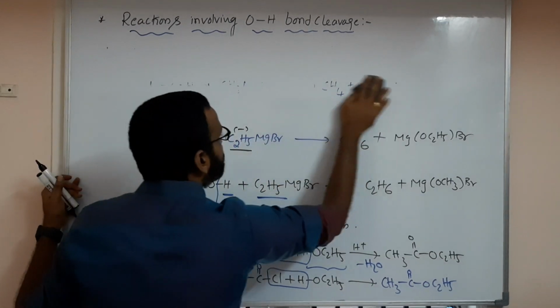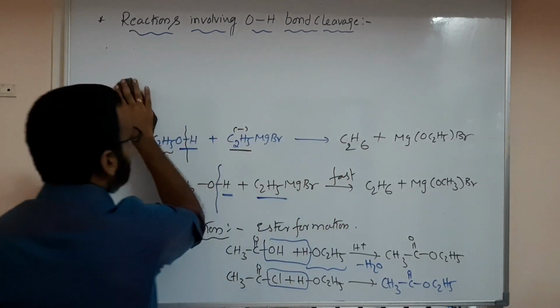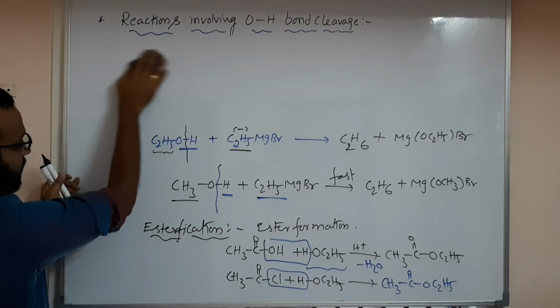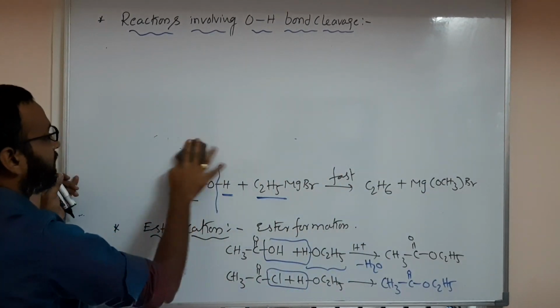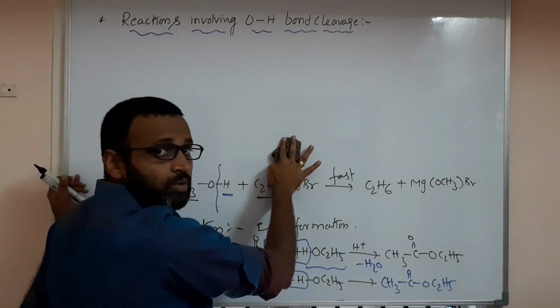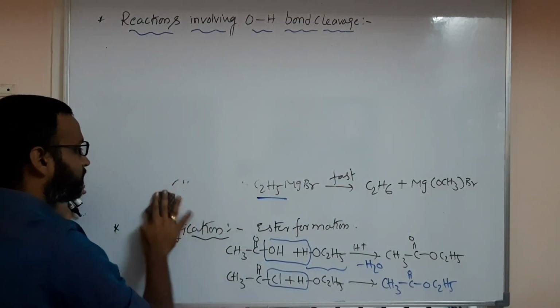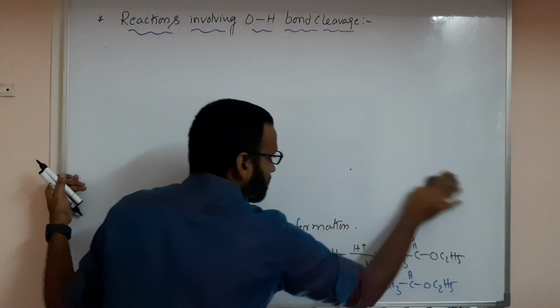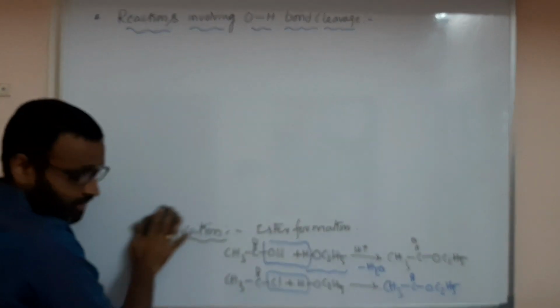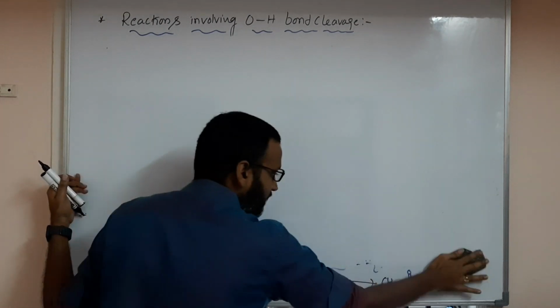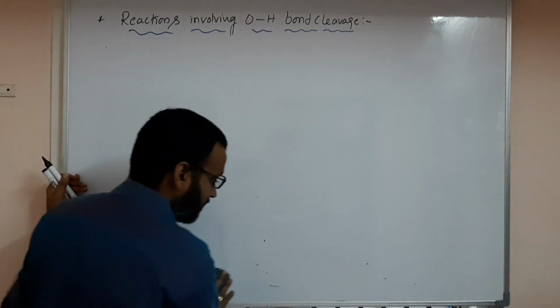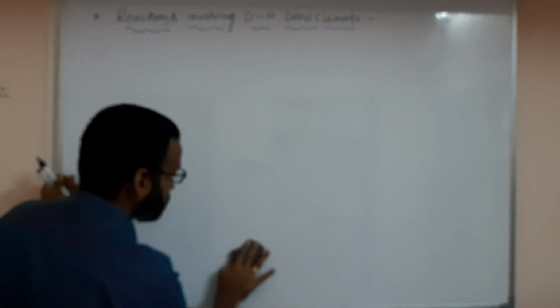Now we have to learn reactions involving CO bond cleavage. A few we know already. What are those? Alcohols with Lucas reagent, alkyl halide preparations, and the same alcohols with PCl5, PCl3, SOCl2.